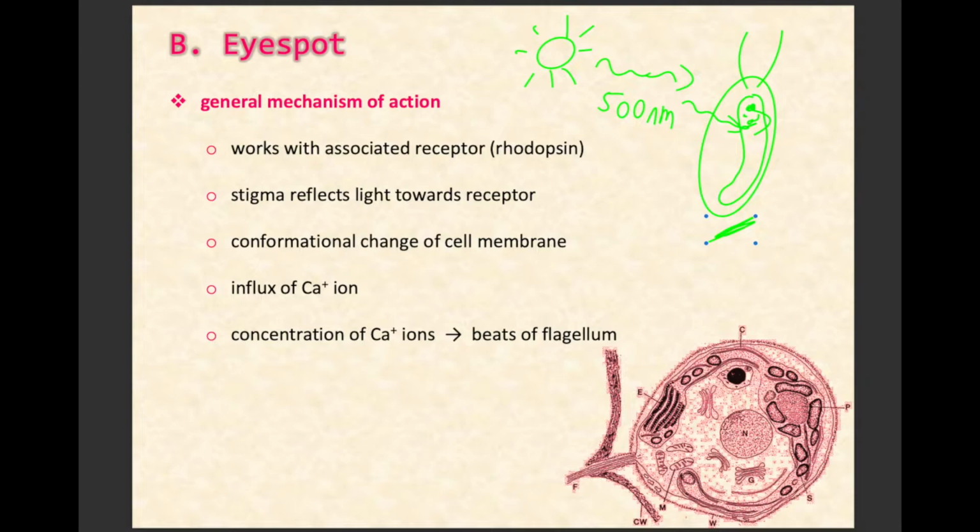What will your rhodopsin, the receptor, do? It will send a signal to your cell membrane, and there will be changes in cellular conformation.